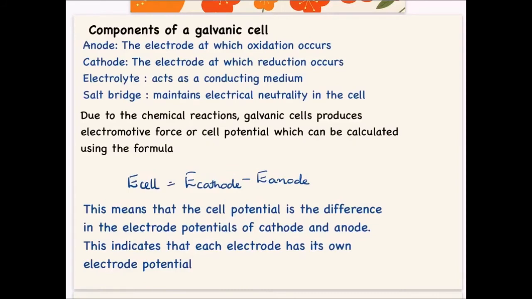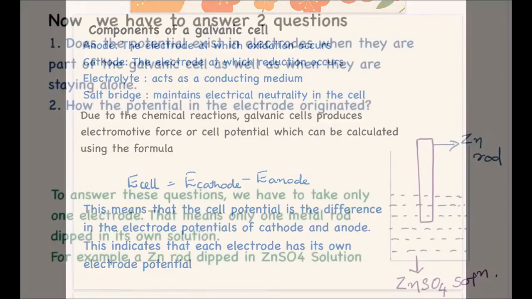This equation suggests that the cell potential is the difference in the electrode potentials of cathode and anode. This indicates that cathode has its own electrode potential and anode has its own electrode potential, and their difference will give you the cell potential. So now we got an idea that individual electrodes have their own electrode potential.